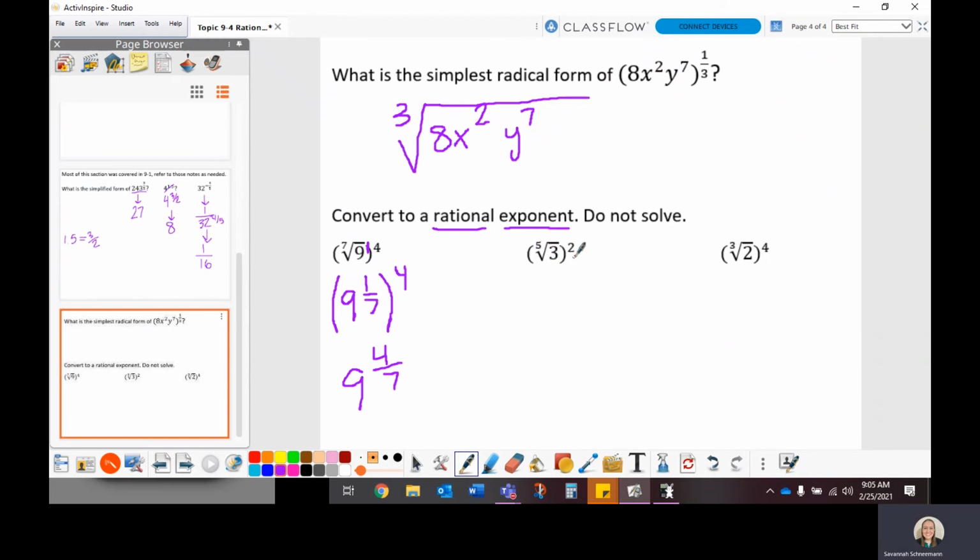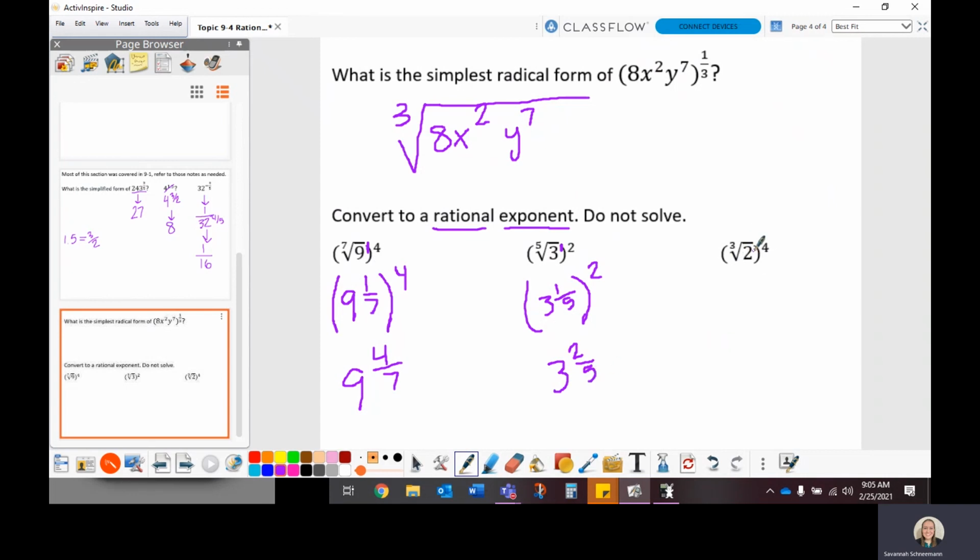Same thing over here. We're going to simplify what's inside, then raise it to the power of 2. This has an exponent of 1, so this is going to be 3 to the 1/5 power, and then we are raising it to a power of 2. Remember, 2 times 1/5 is going to be 3 to the 2/5 power.